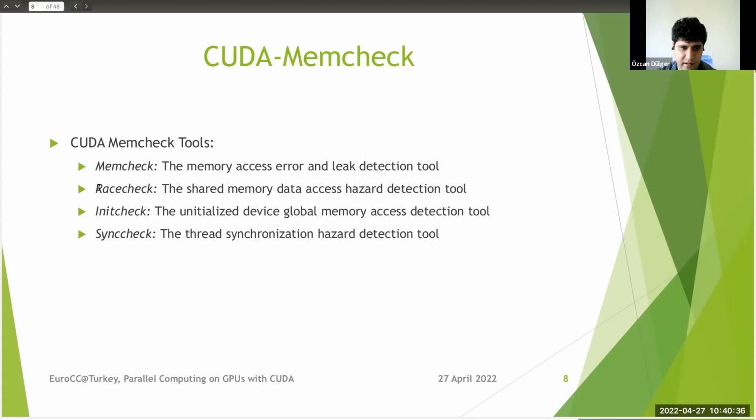The second one is racecheck. It is used for shared memory data access. The third one is initcheck. It is used for detecting uninitialized device global memory access. And the fourth one, synccheck. It is used for thread synchronization detection.